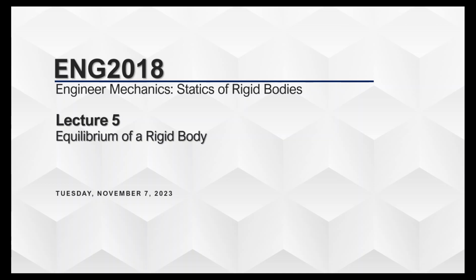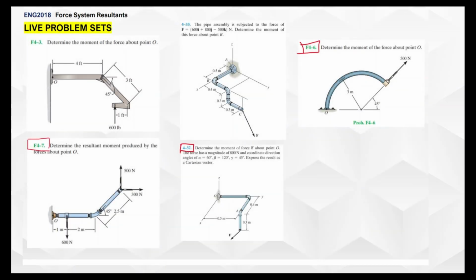So just to recall, you've been doing these particular problems before, trying to determine the moment of the force, trying to determine the force involved here in previous lectures, like lectures 2 and 3, whether it be in 3D or 2D, in Cartesian vector form or in scalar form.